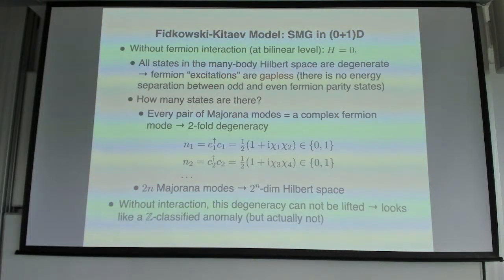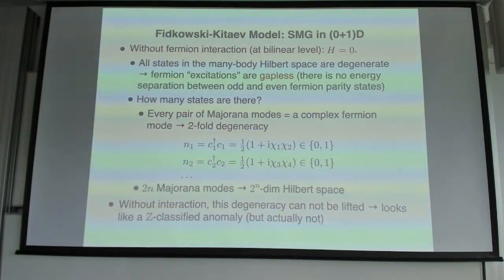So in this case, what do I mean? What's the consequence if in a quantum many-body system the Hamiltonian is 0? The meaning is that all the states in this many-body Hilbert space are degenerate. That means all the fermion excitations are gapless in this sense, because there's no energy separation between the odd and even fermion parity states. So how many states are there in this degenerate space?